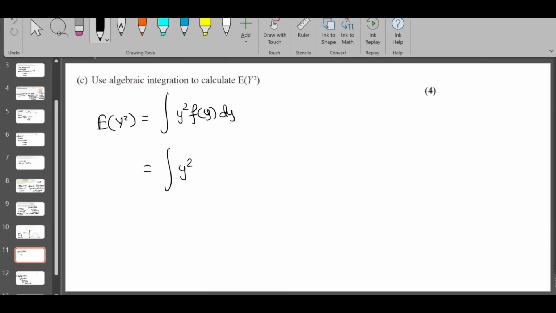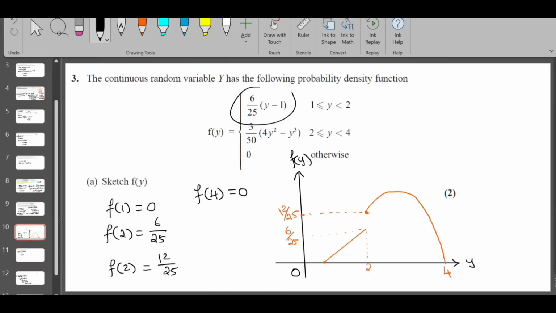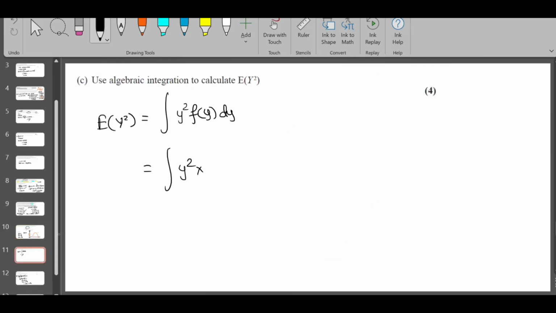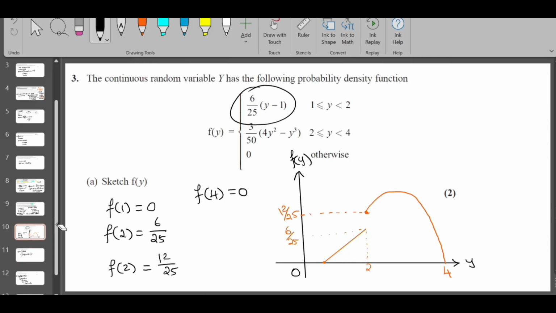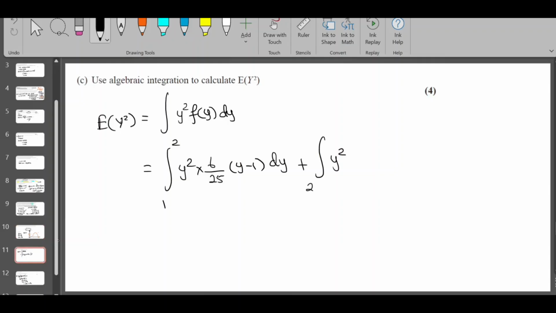So integral y square, the first function is a linear one, 6 over 25 y minus 1, 1 to 2. 6 over 25 y minus 1 dy, the limit is 1 to 2, plus integral y square, the second function, 3 over 50 times this, 2 to 4. 3 over 50 times 4y square minus y cube dy.